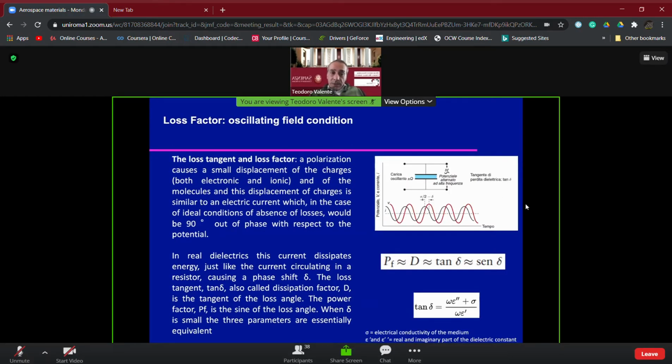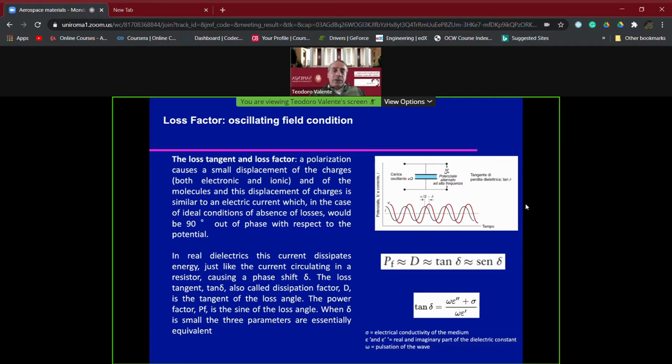Another important concept that we must remember, because it's important for our discussion and which is related to the fact that dielectric materials can be subjected, as I told you a moment ago, to oscillating field conditions, that is oscillating potential, is the so-called loss tangent and the consequent loss factor.